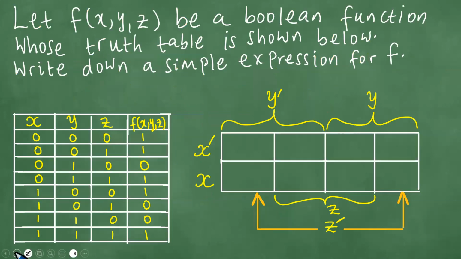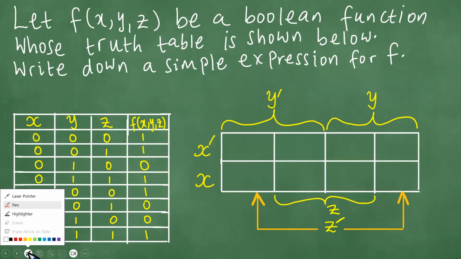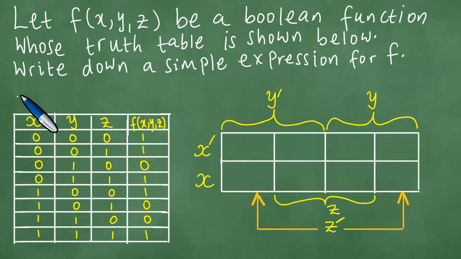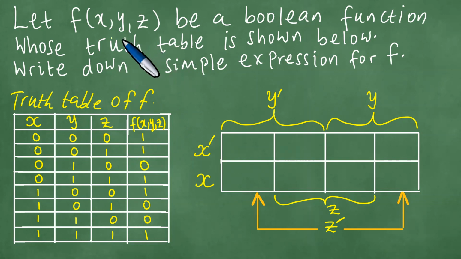So next, we are able to still see something interesting here. This is the truth table of F. So let f of x, y, and z be a Boolean function whose truth table is shown below.